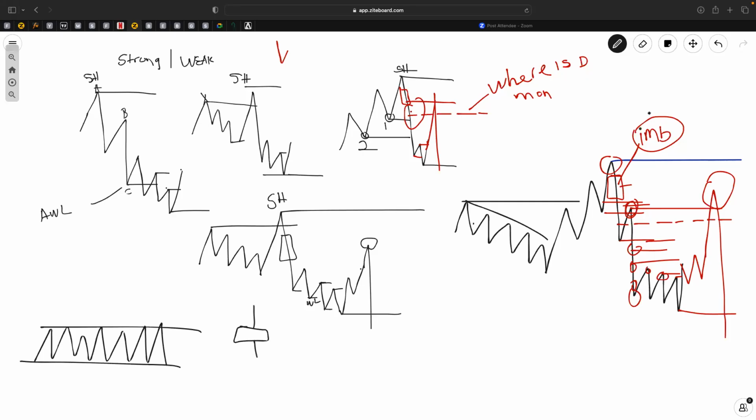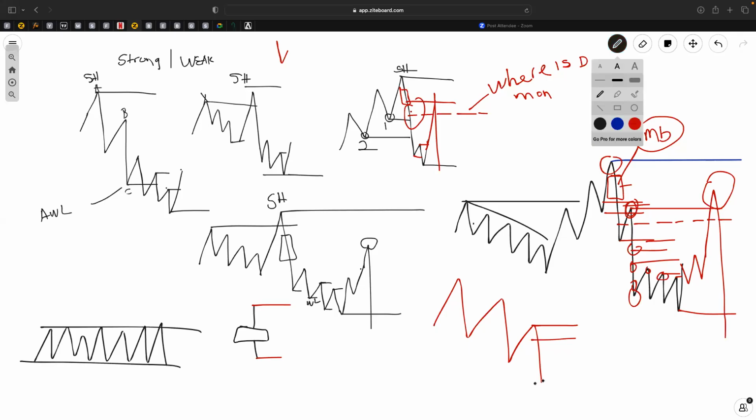So what does this mean? When you have an indecision, where does it need to be located? An indecision simply means buyers and sellers are in equilibrium, which means buyers and sellers are fighting. Let's say the market is selling. You now get here, and the market now does this, then it does this.